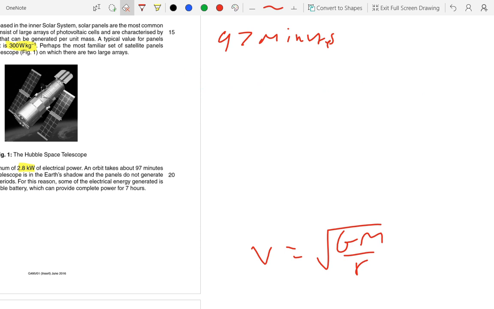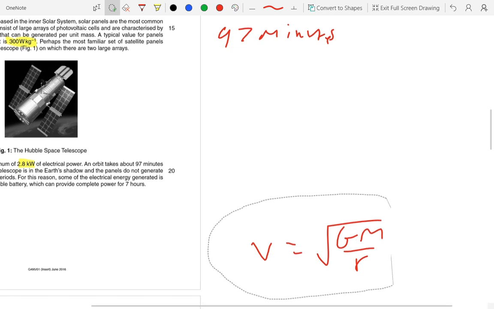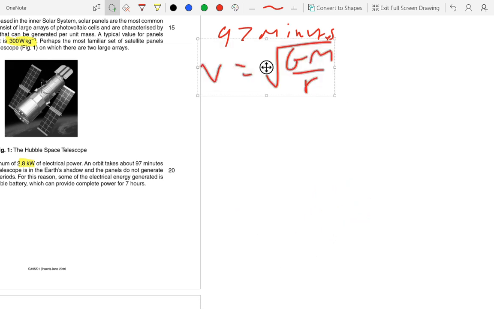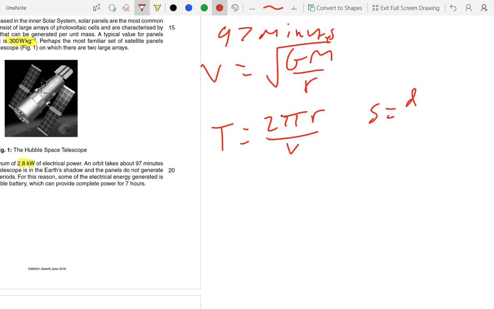So if you remember as well, time period equals 2 pi r over velocity, because what you're basically doing is speed equals distance over time.